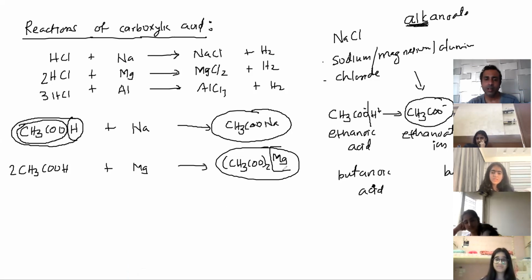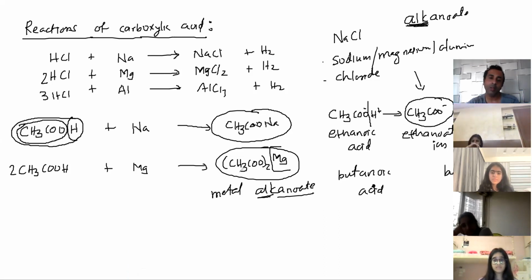First you call out the name of the metal, and then alkanoate. Don't just say enoate. You have to also add the alk, and alk will depend upon which acid it is from. Methanoic acid, then methanoate. Ethanoic acid, then ethanoate, and so on. Is everyone clear about this? Yes, sir. Okay.